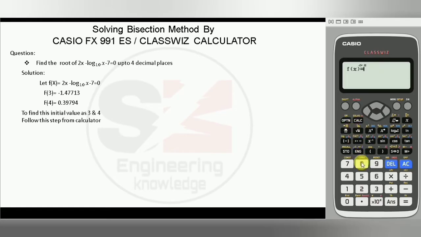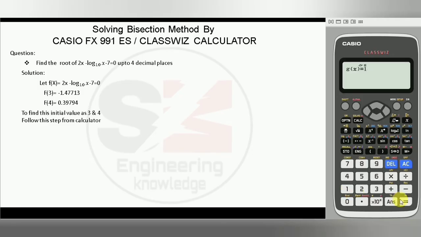So let's type 2 alpha x minus log 10 alpha x minus 7. Then press this equal to.